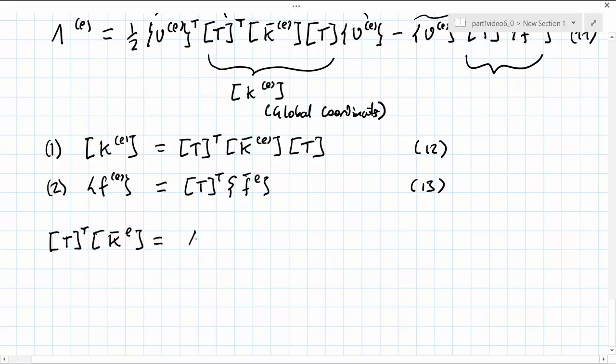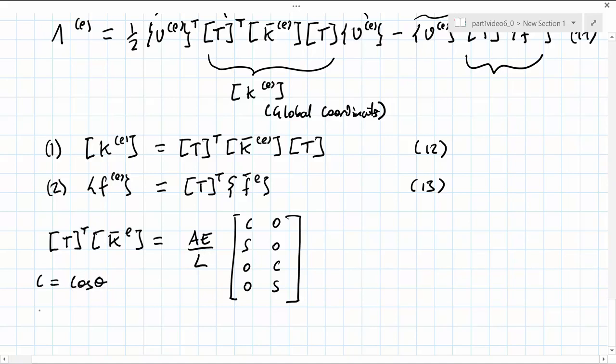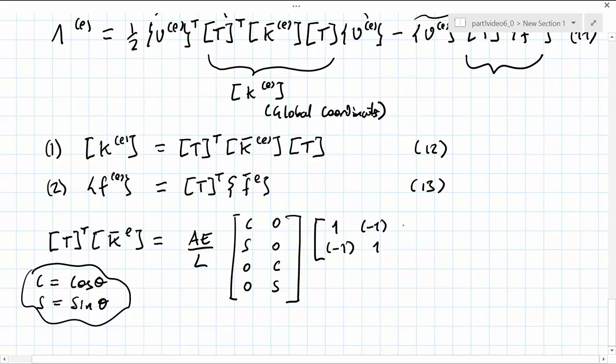and that's equal to AE over L times by C, S, 0, 0, 0, 0, C, S. Note that C is equal to cosine theta and S is equal to sine of theta. It's just a shorthand. They're multiplied by 1, minus 1, minus 1, and 1. This is a 4 by 2 matrix, and this is a 2 by 2 matrix.